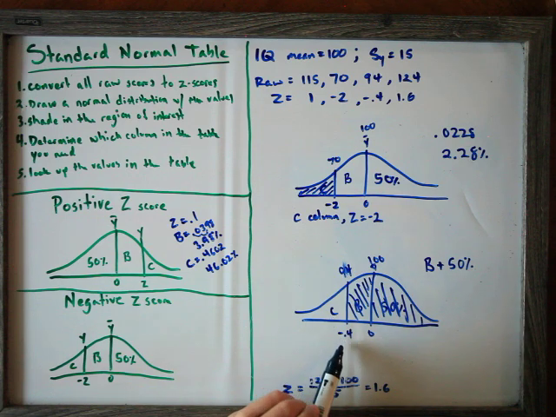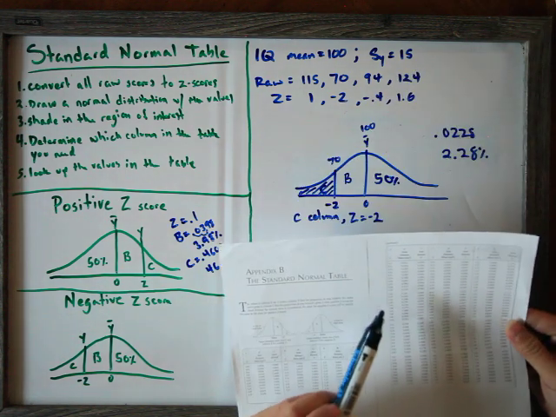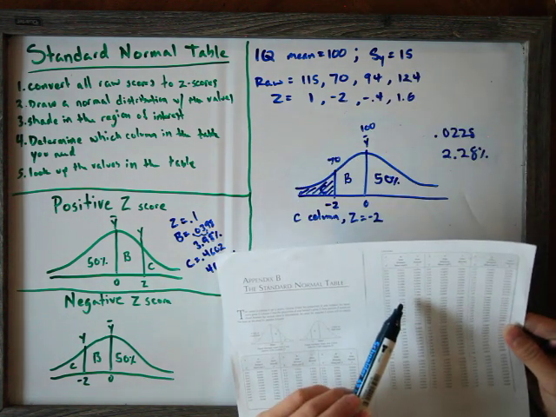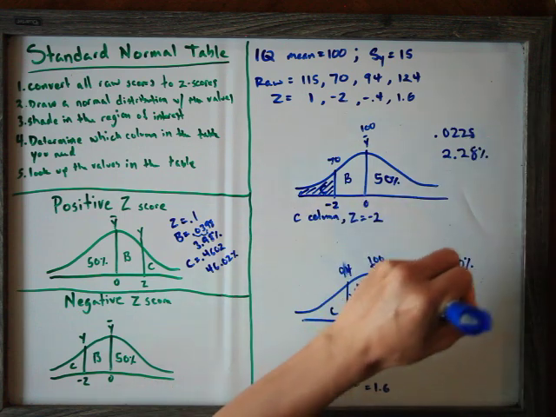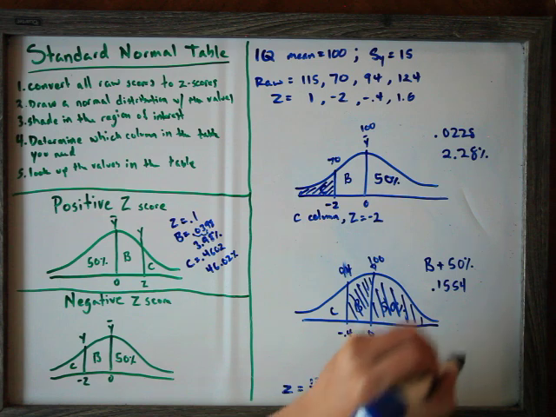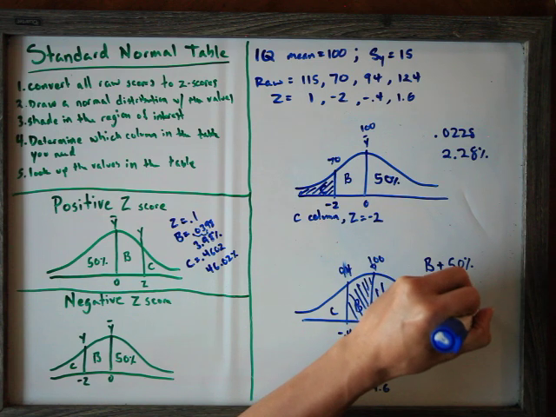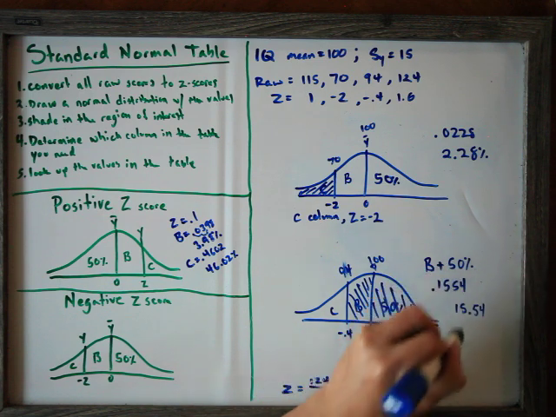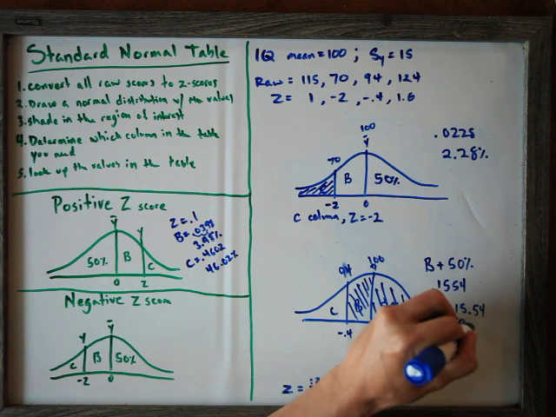So let's find B for a z-score of 0.4. Okay, so we're going to look for 0.4 on our chart, and B is going to be 0.1554, which we're going to convert to a percentage, 15.54%, and we're going to add 50 to it.